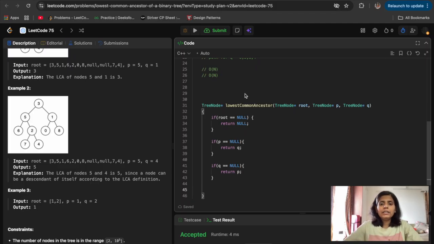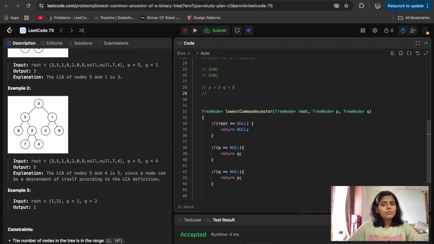Okay. Now, what if my root node is P? Let's take an example. I have P equal to 5 and Q equal to 8. As I'm doing the recursion, I'll find those nodes. I'll do the same procedure to the left and to the right, then again the same procedure to the left and to the right.